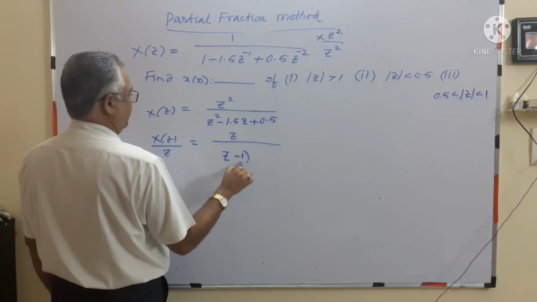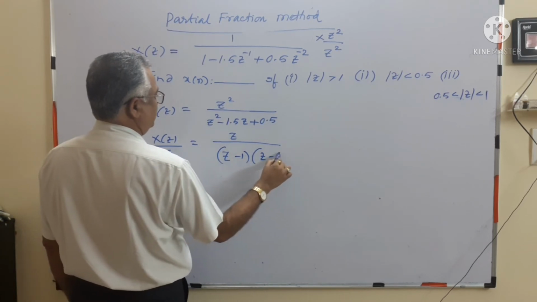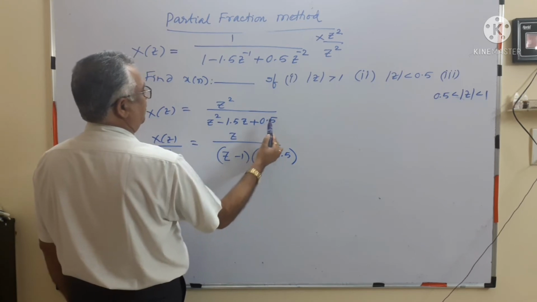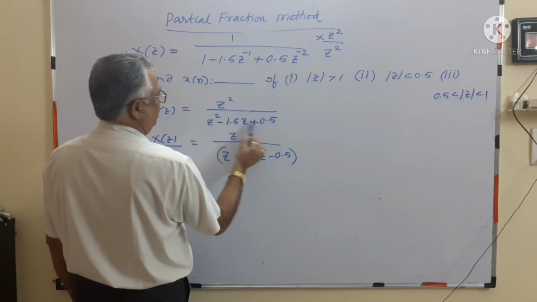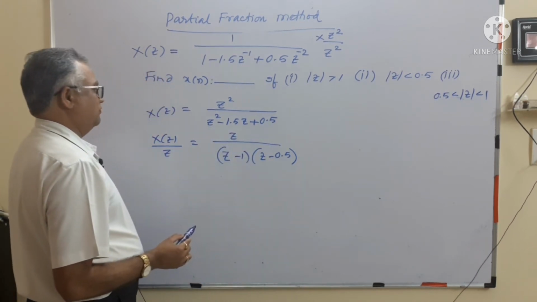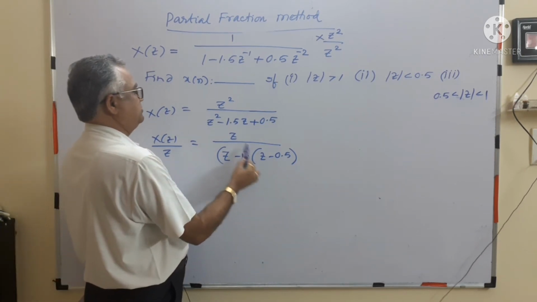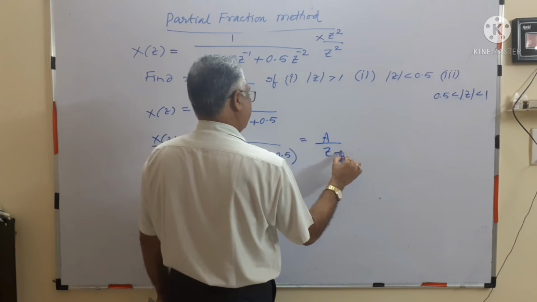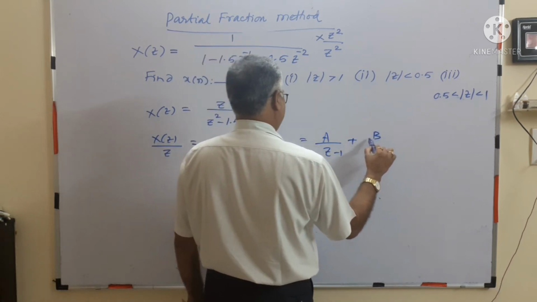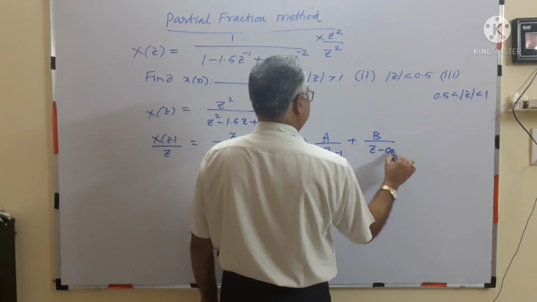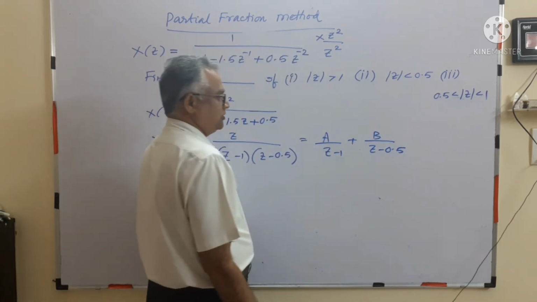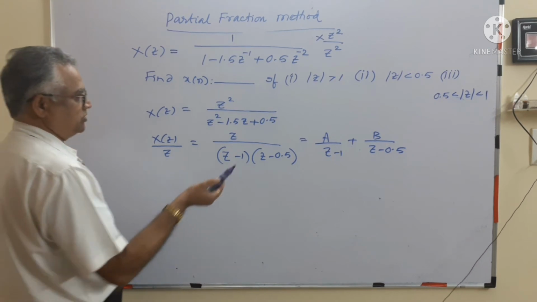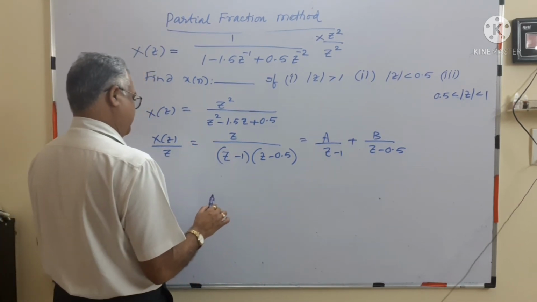We get z minus 1 into z minus 0.5. Now denominator power is more than numerator. This is A by z minus 1 plus B by z minus 0.5. So you can find A and B easily, just using the previous method.